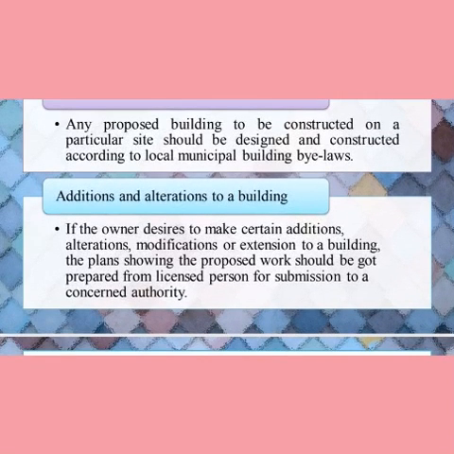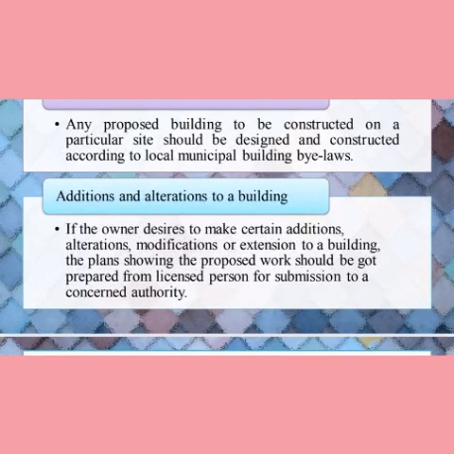Second is addition and alteration of a building. Addition and alteration means certain addition, alteration, modification or extension of a structure. For this type of construction in the building, we provide a plan to the concerned authority from a licensed person.